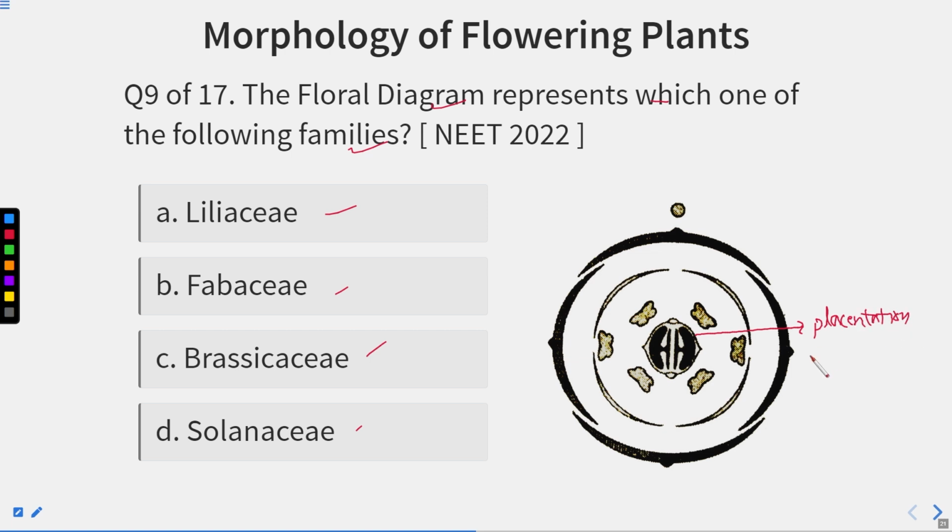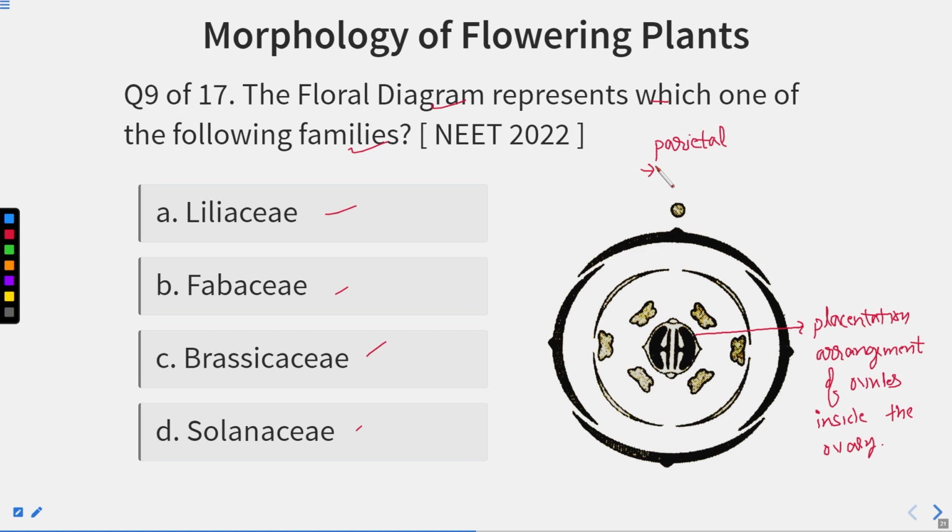Placentation means the arrangement of ovules inside the ovary. Now here you can see this is parietal placentation.